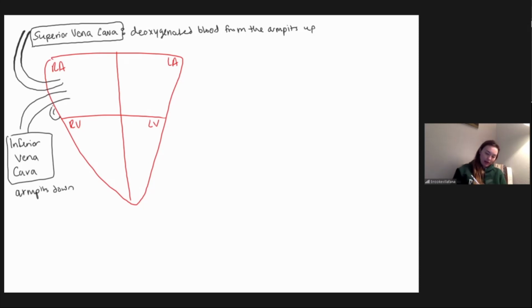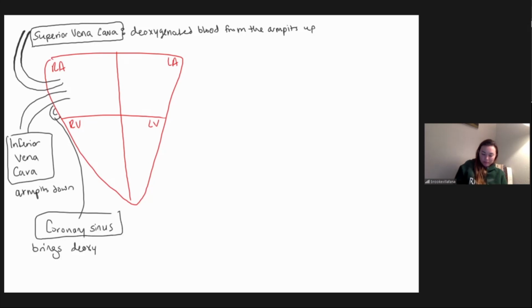Okay? And then we have the coronary sinus. Keep drawing in black. Coronary sinus. This one brings deoxygenated blood back from the heart muscle itself. So this is a topic that is really important. So your heart muscle, your myocardium, right?